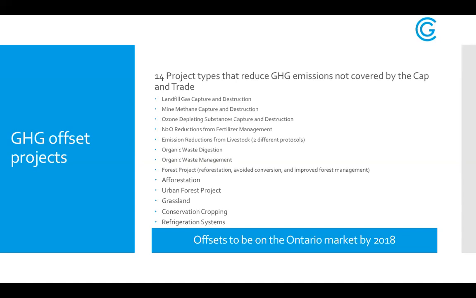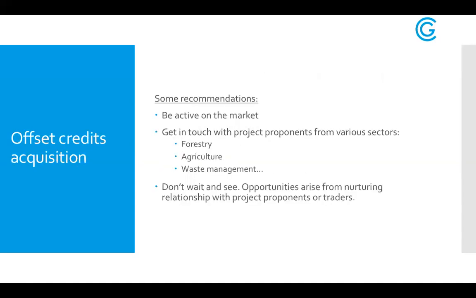That being said, one of the main recommendations that we have is for you to include the GHG offsets within your overall cap and trade compliance strategy. One of the recommendations is not to wait until these offsets actually come to the market.